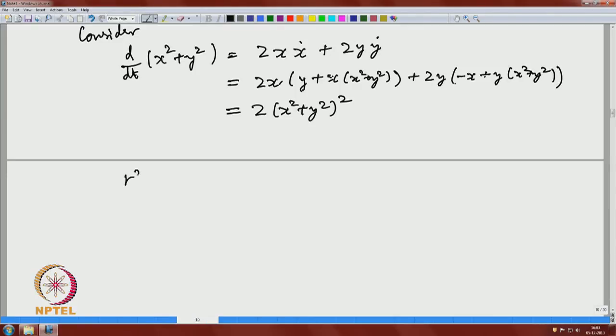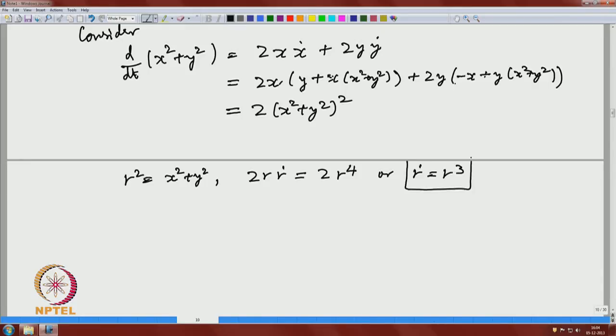So, if I put r square is equal to x square plus y square, then 2 r dot is, if I do this again, you get r dot is equal to r cube.